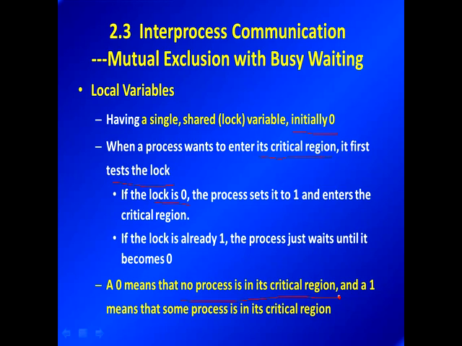But if you check the lock and it is 1, it means there is already another process in its critical region, so the critical region is locked. If it's 0, you can get in. If it's 1, you cannot get in. You will be blocked. You have to wait outside of your critical region.